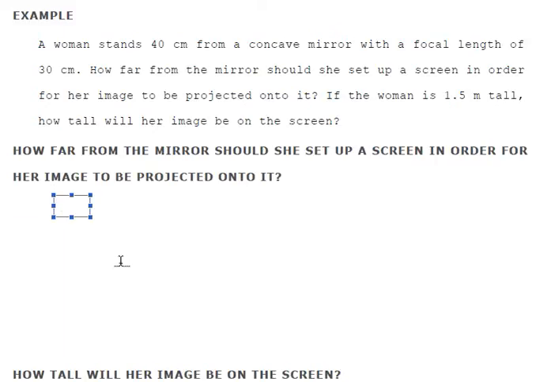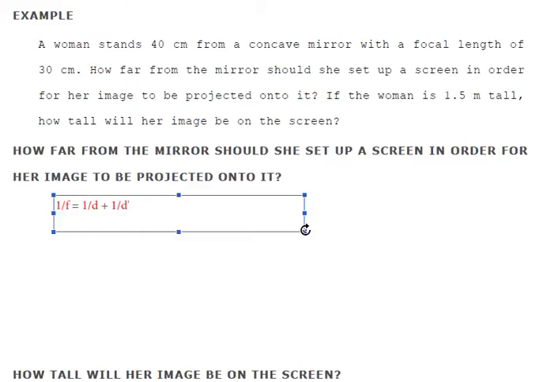Alright, so we know we'll be using 1 over f equals 1 over d plus 1 over d prime. So if we plug in the values that we have, we'll have 1 divided by, just gonna keep it in centimeters, 1 divided by 30 centimeters is equal to 1 divided by 40 centimeters because she's 40 centimeters away, plus 1 divided by d prime.